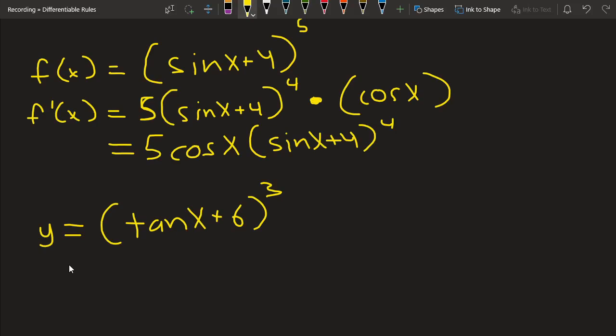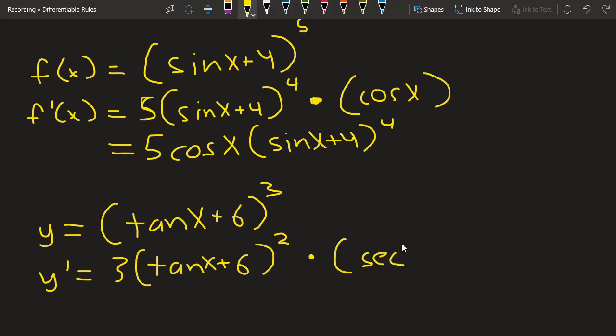So I'm assuming that you did that, but if you didn't, here's how you do it. y prime equals n, so n is 3, and u, so u is tan x plus 6, to the power of n minus 1, so 3 minus 1 is 2, times the derivative of tan x plus 6, and in that case the derivative is secant squared of x.